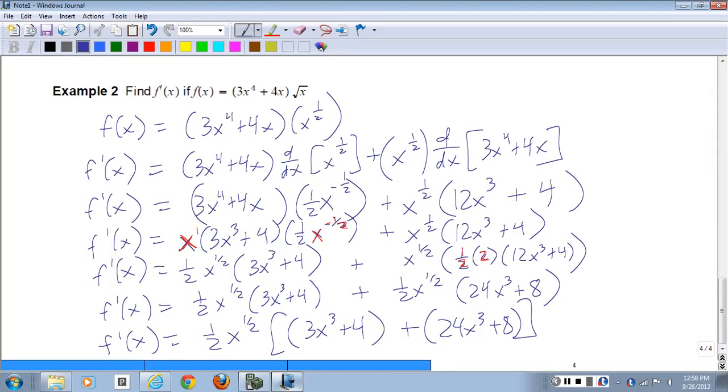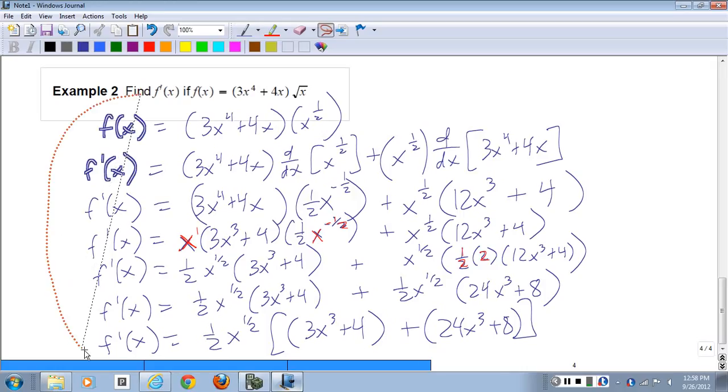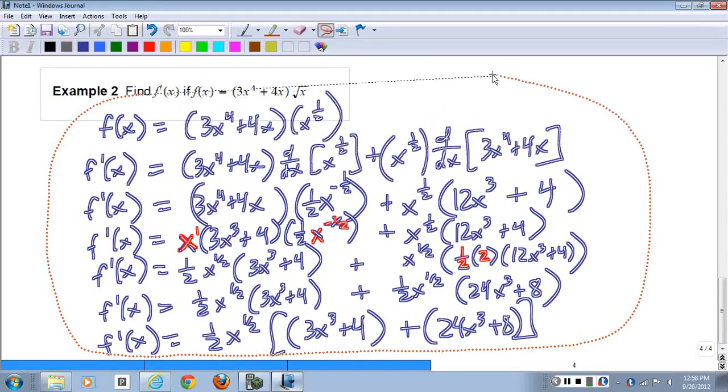And we can add them: 27x cubed plus 12. And then factor 3 out of that.